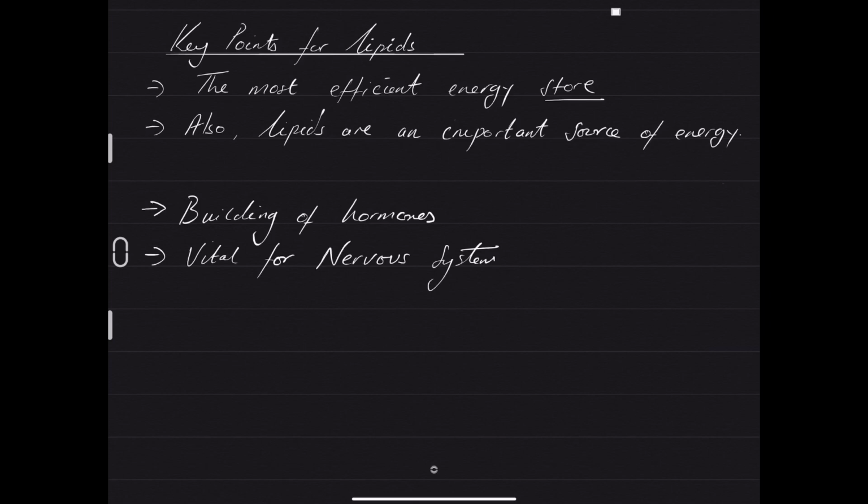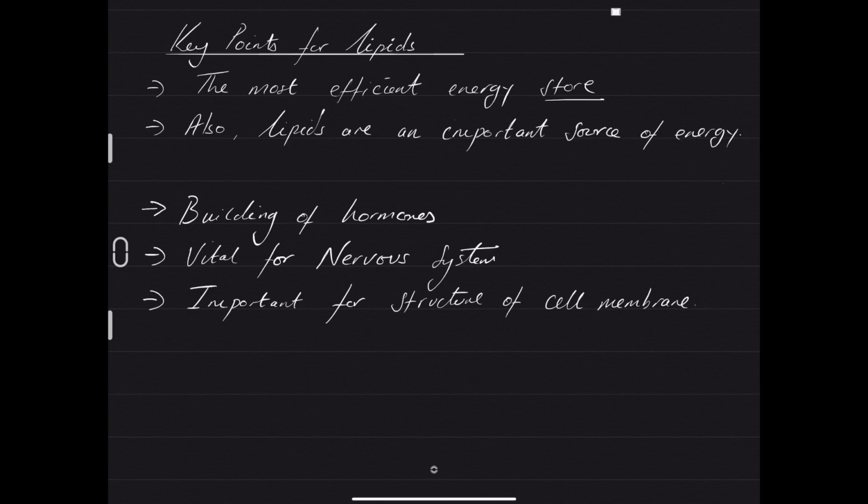Another important aspect at the system level is that lipids are crucial components of the cell membrane, specifically the phospholipid bilayer of the cell surface membrane, which controls substances going in and out of cells. So they are important for the structure of the cell membrane.